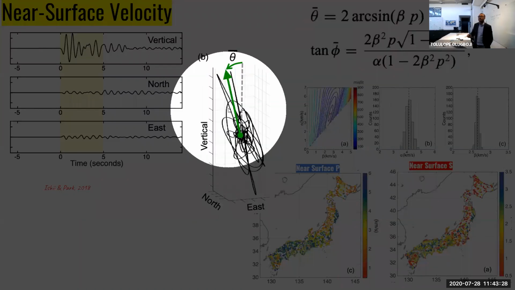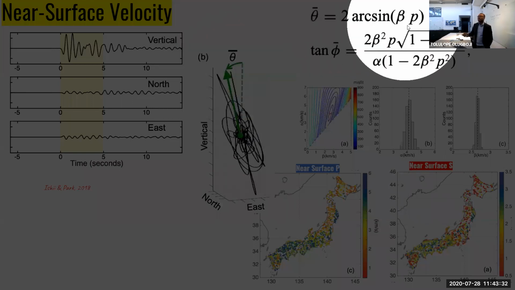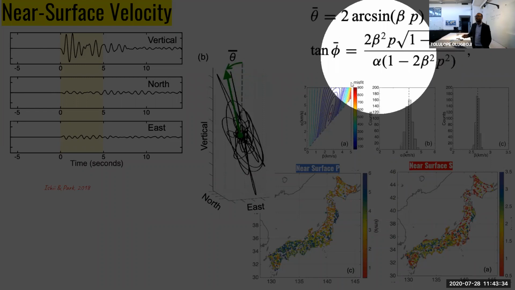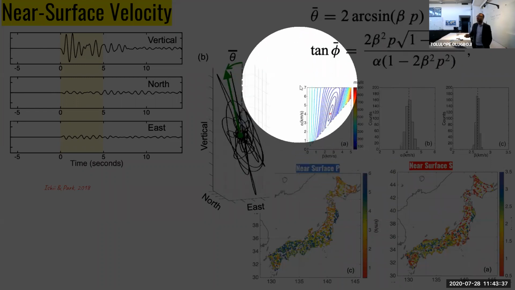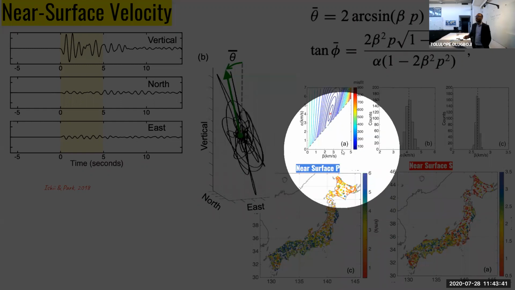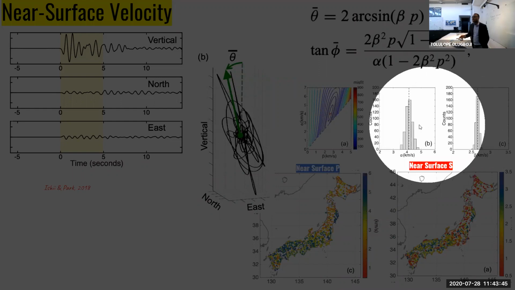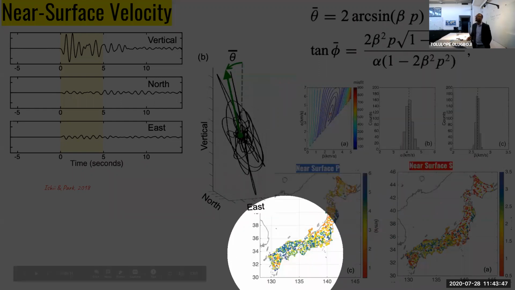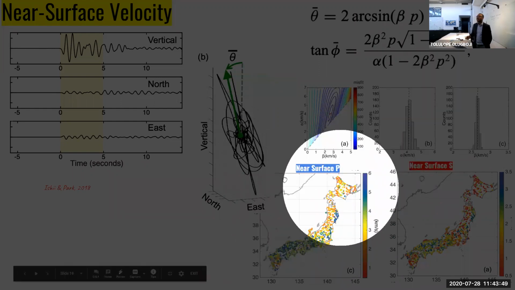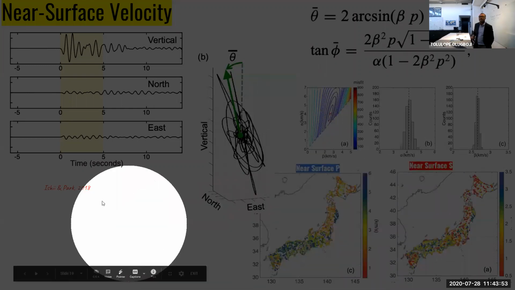If you make these measurements for tons of earthquakes that have different ray parameter p, you can then do a grid search for near surface compressional velocity alpha, and beta. And they do this, showing the histograms here of alpha and beta across the whole of Japan, which has a high density network, right?